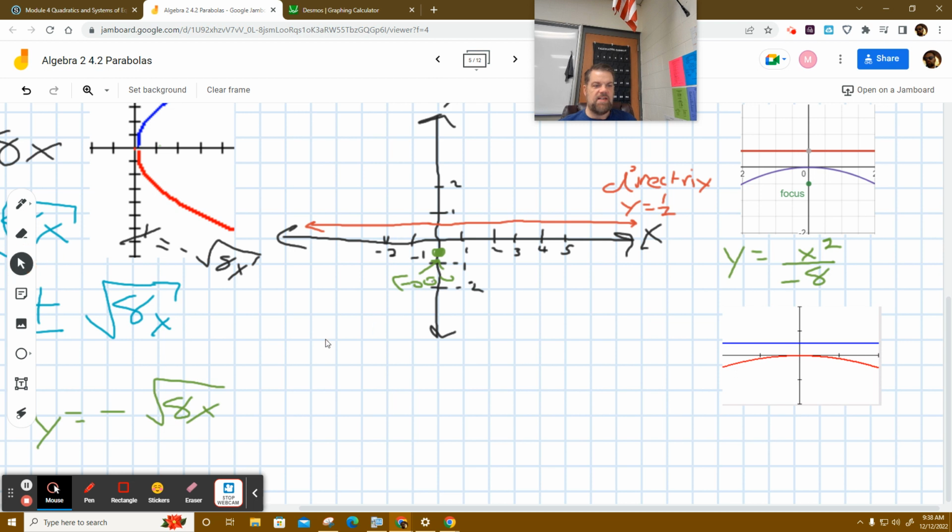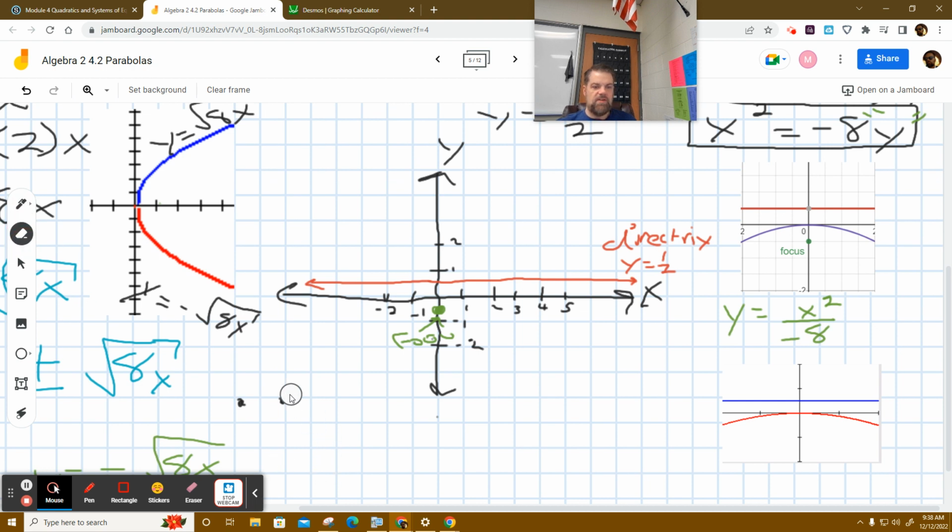So if I let x equal, so let me kind of sketch this. 8 and -8 would be way out here. 2, 4, 6, 7, 8. It'd be way out here. And then this one would be way out here. It'd be over here: 1, 2, 3, 4, 5, 6, 7, 8. So it'd actually be here. I'm actually going to graph it out.